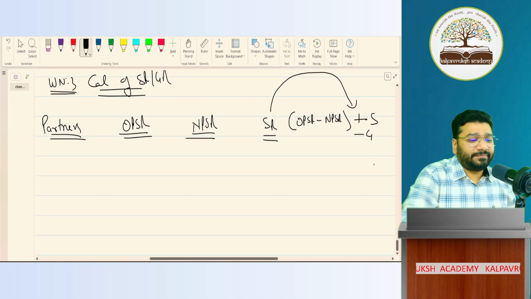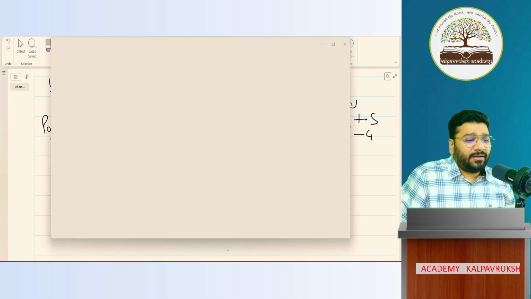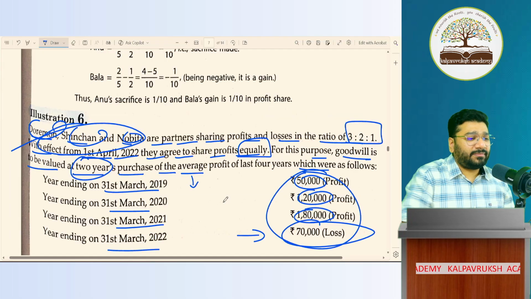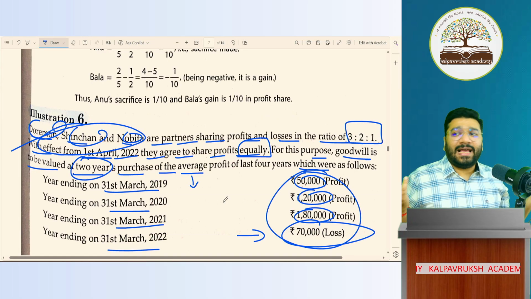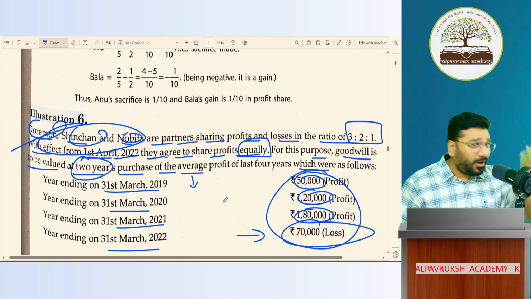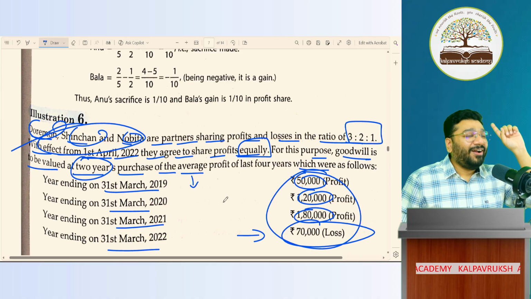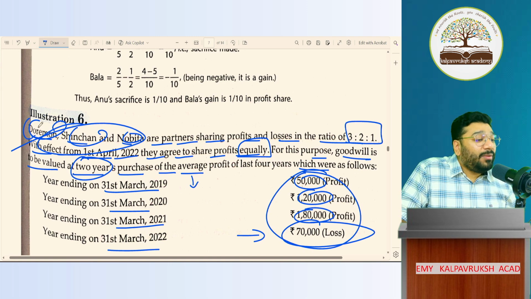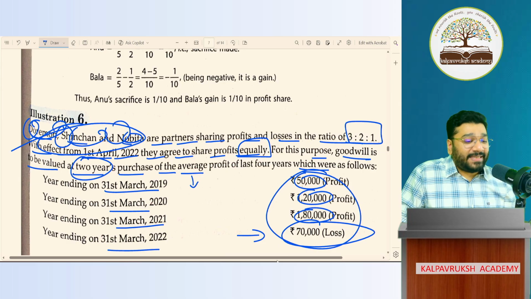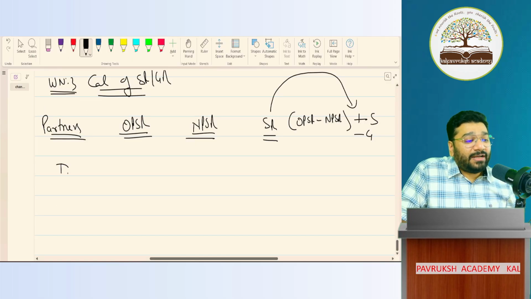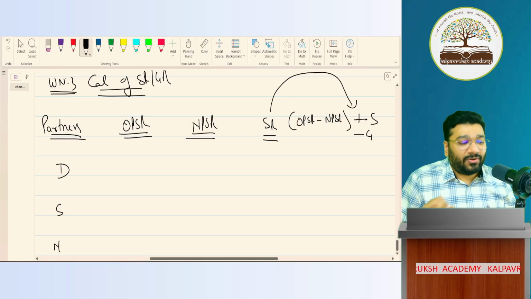Partner's name. Write in order. Don't write your favorite character first. Somebody will say Nobita is my favorite character. You can't write Nobita first. You have to go in order only. That's why I give a disclaimer, because of these kinds of people. Always in order: Doraemon, Shinchan, Nobita. DSN.